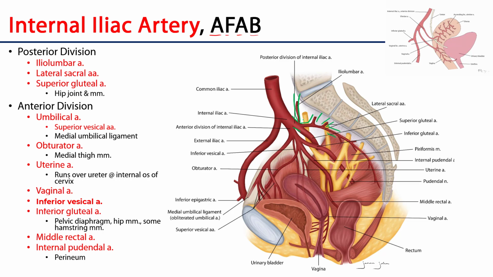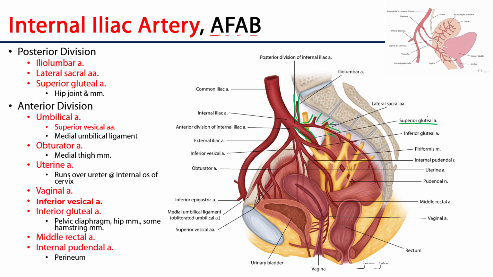And then the terminal branch of that posterior division is the superior gluteal artery. That superior gluteal artery is going to escape the pelvis to supply the hip joint and associated muscles with blood. And we'll talk about that in more granular detail when we discuss the hip joint as part of MSK.